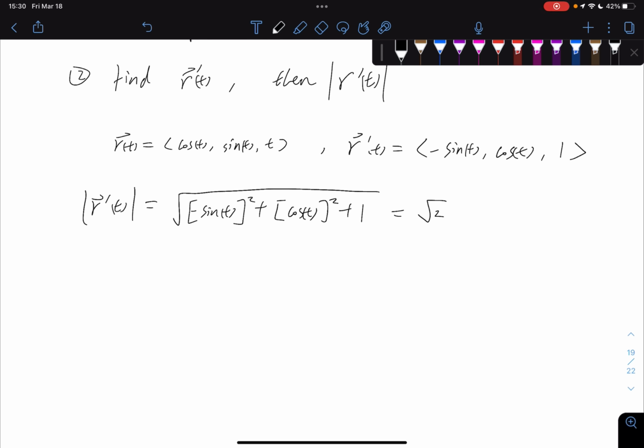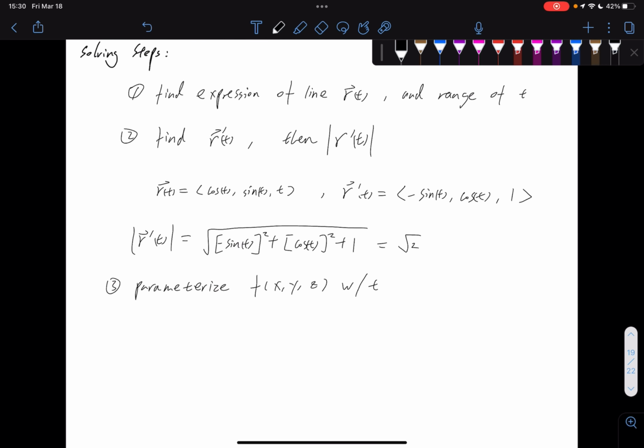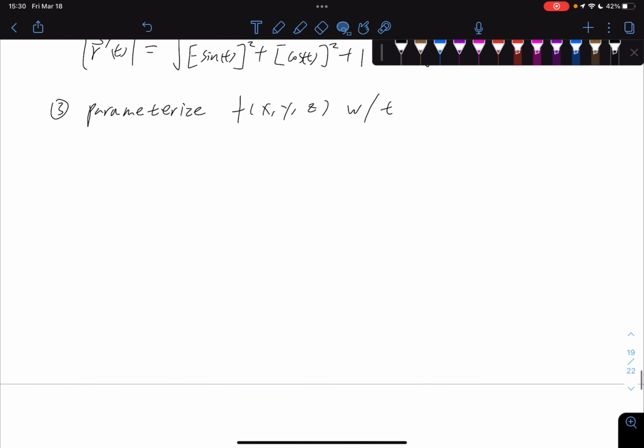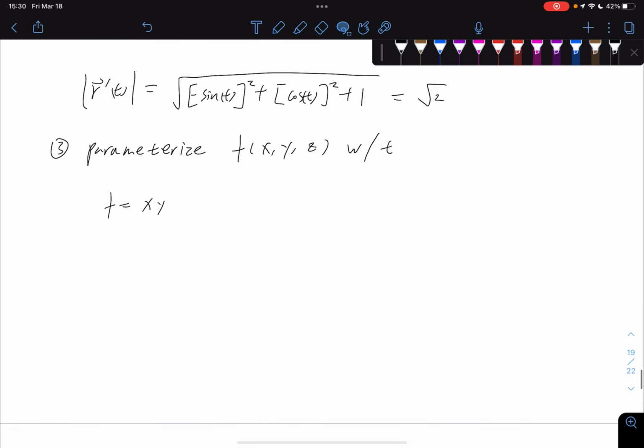Then we will parameterize the function with respect to t. So let's go ahead and copy the function down. f equals xy.